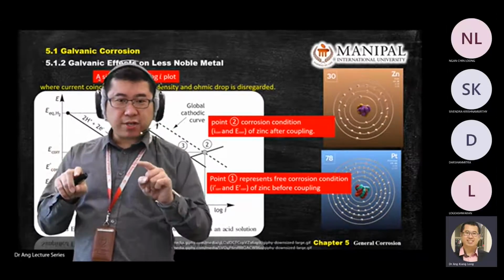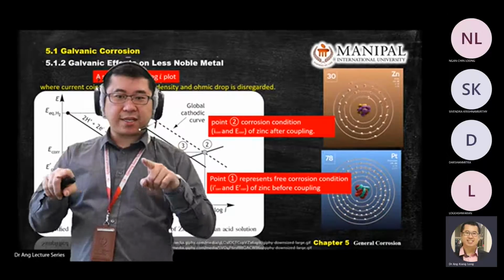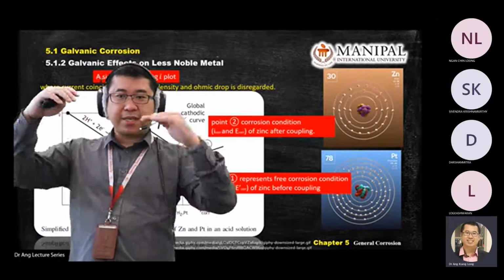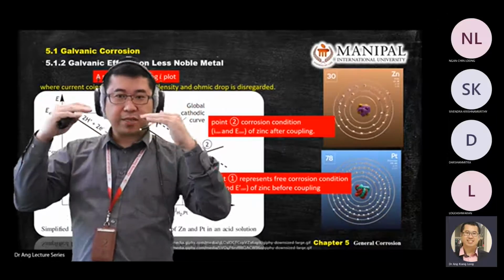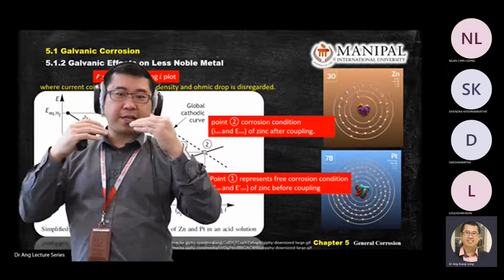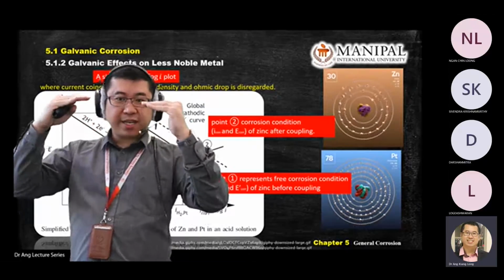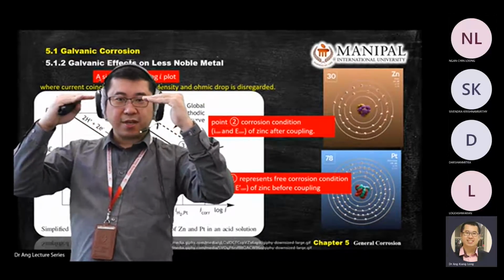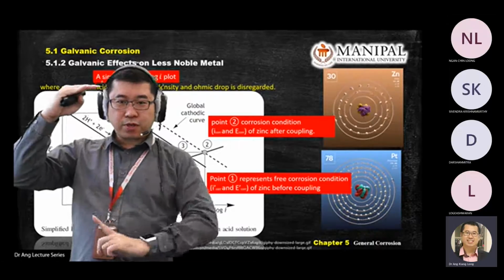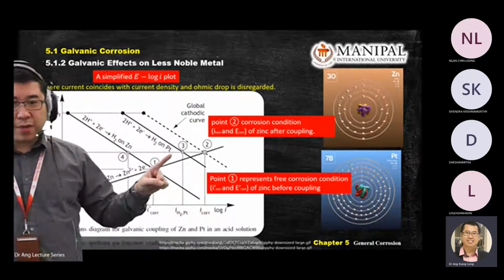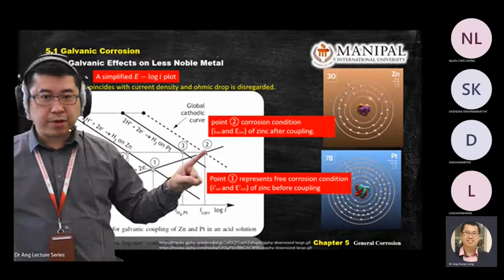When they are electrically connected, the corrosion starts to happen. The two metals start competing, matching their nobility status, so the one below will contribute electrons. So when the two metals meet together, point number two happens.